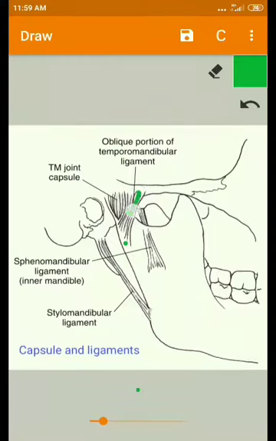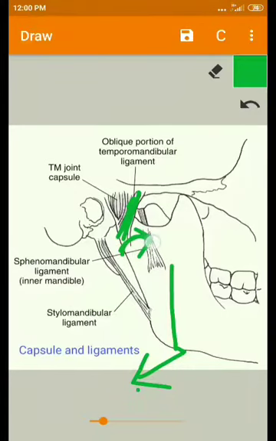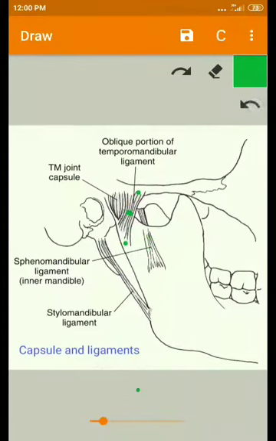It serves as a suspensory ligament and limits the downward and posterior motion of the mandible as well as rotation of the condyle during opening of the mouth. So this is the function of the oblique portion of the temporomandibular ligament.